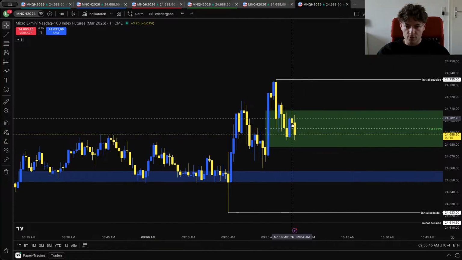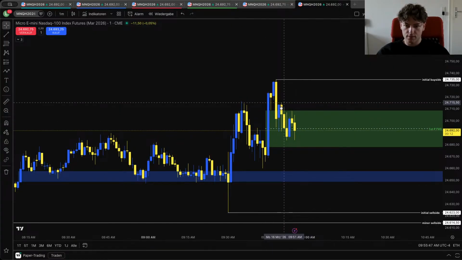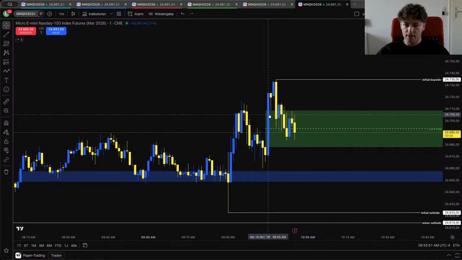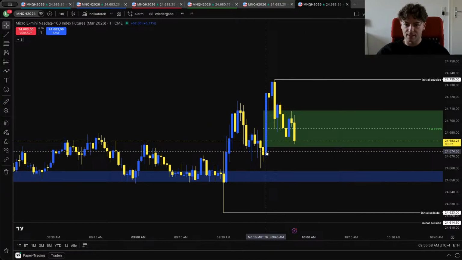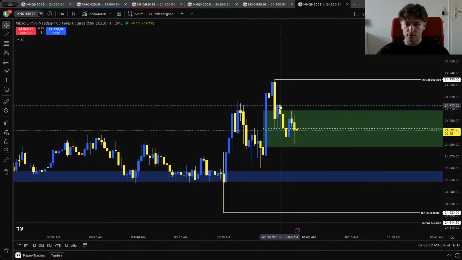But look what price is doing, okay? So price, this is an imbalance, okay? So it's a buy side imbalance, sell side inefficiency. That means it's lacking sell side delivery, okay? Now this is sell side delivery. These yellow candles, down close candles.